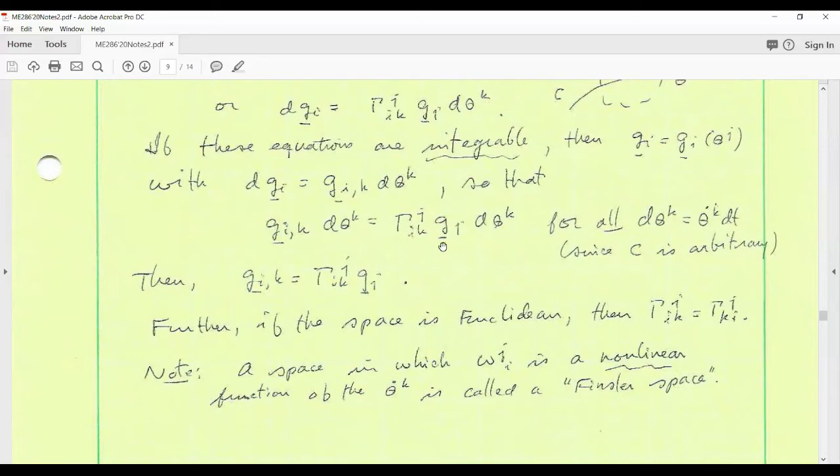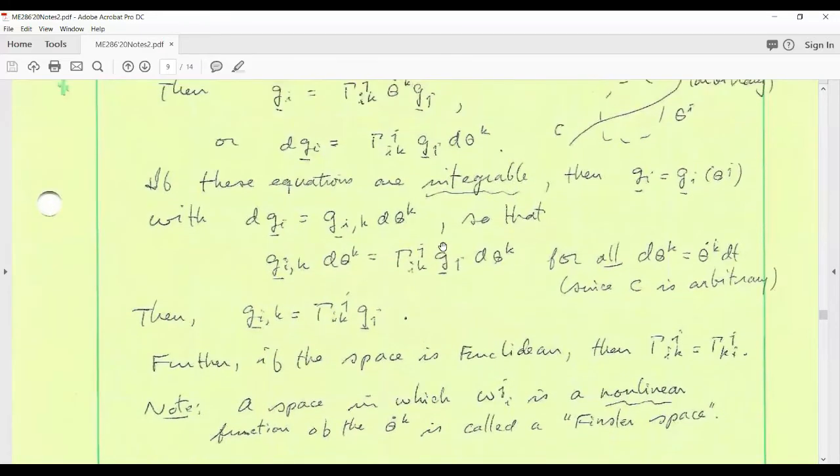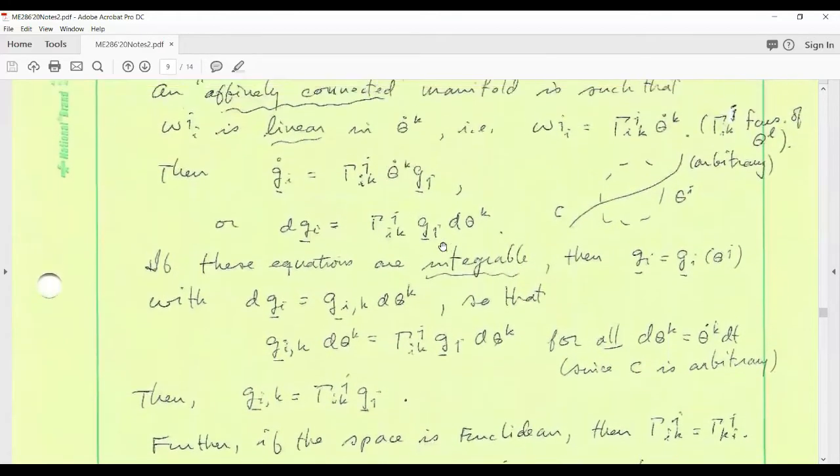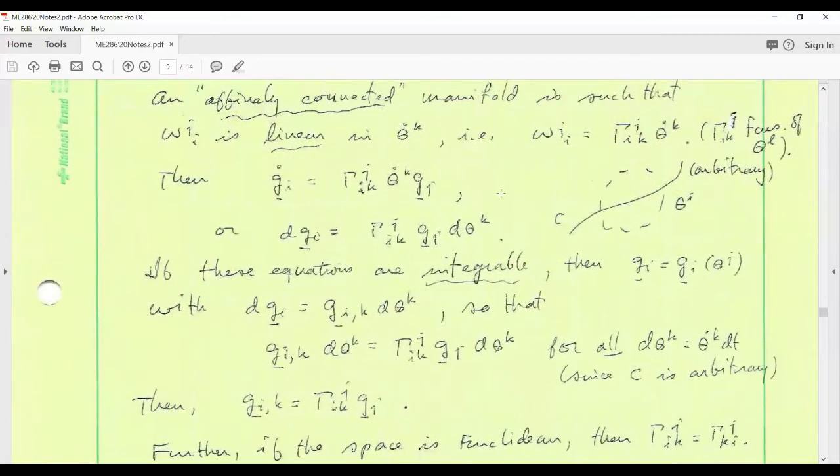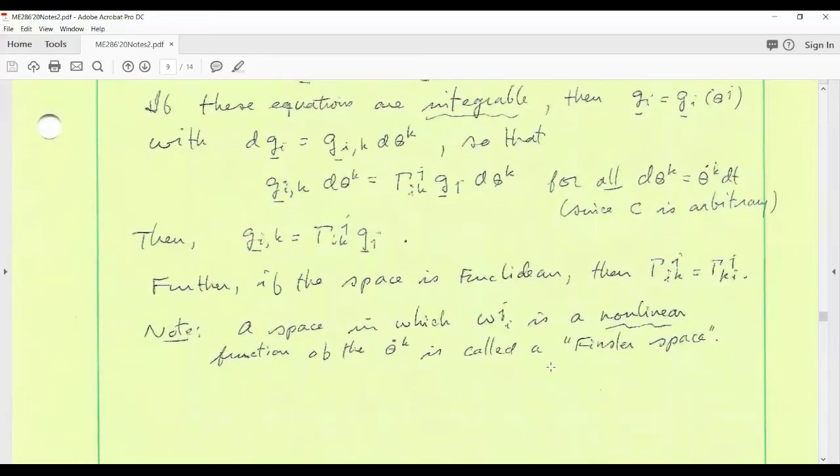And by the way, here we mentioned only the so-called affinely connected spaces, in which these omegas are linear functions of the directions theta dot k. One can contemplate also a more general space in which those omegas are nonlinear functions of the theta dot k's. And that's called a Finsler space, or a Finsler geometry.